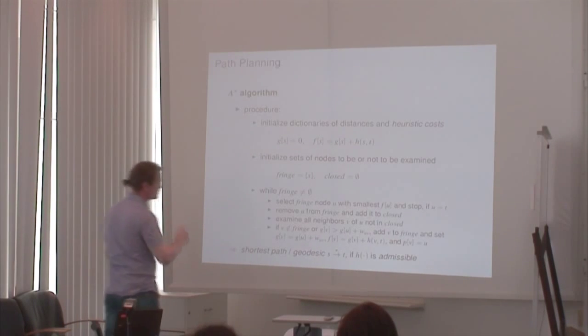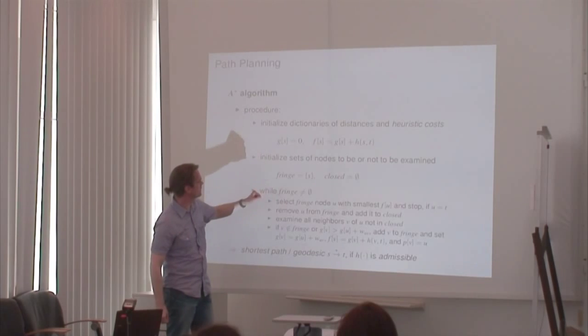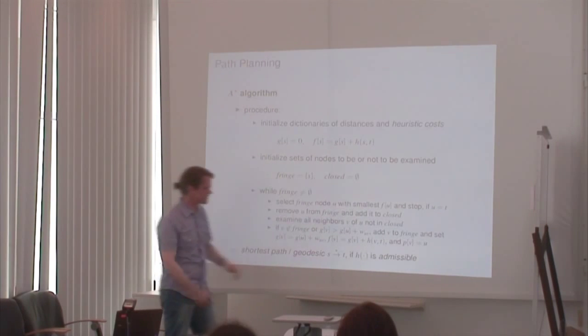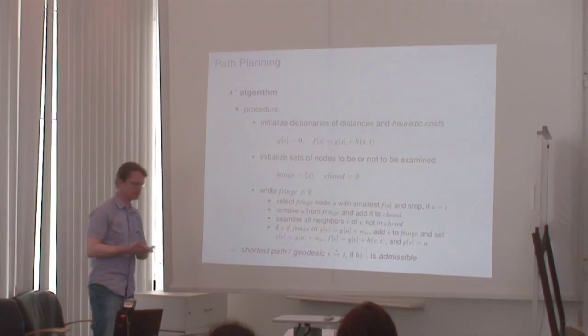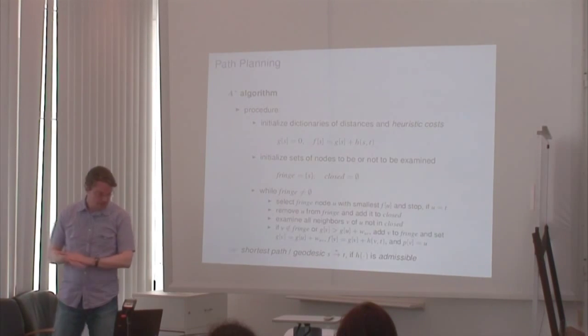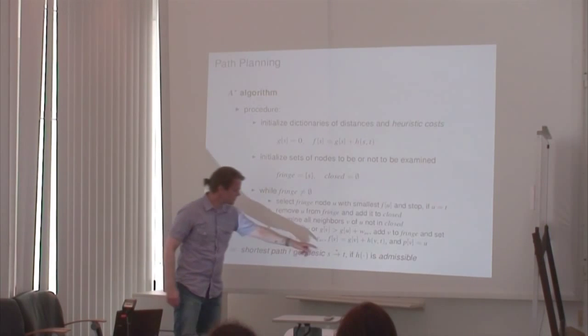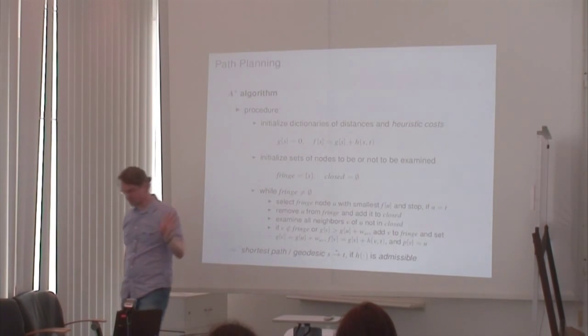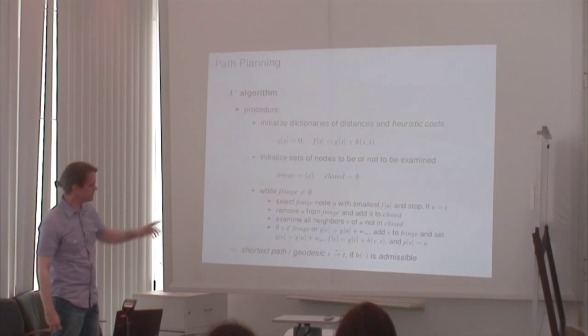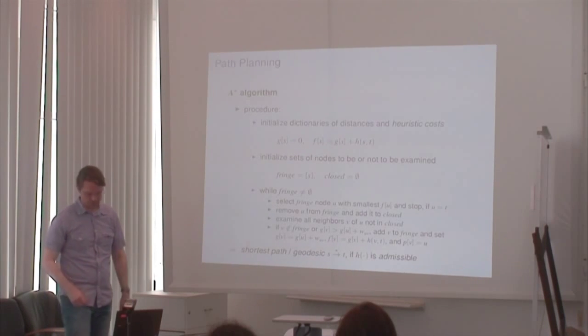Once this has terminated, because the dictionary of predecessors is definitely carried around, this yields the shortest path, or geodesic, from the source node to the target node. Definitely, we can prove that if this heuristic H is admissible.